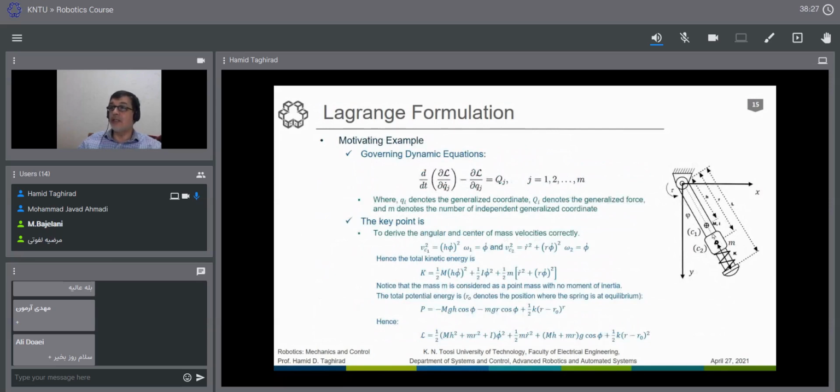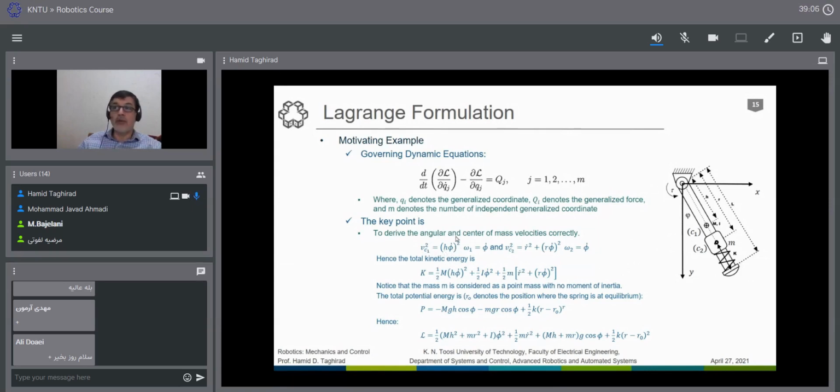So we have 2 masses, and we find the velocity for the center of mass of this one and this one, and the angular velocity of this one and this one. Let's go to the linear velocity of Vc1. If we have a pendulum motion here, the velocity would be r times omega, that we call h times omega, where omega is phi dot, and Vc squared would be h phi dot squared.